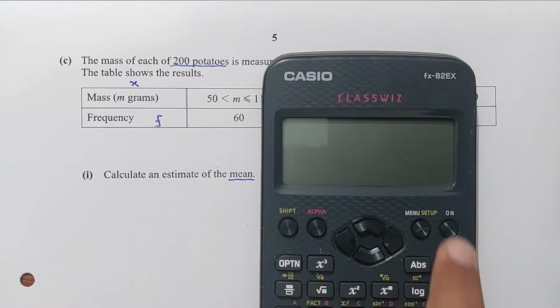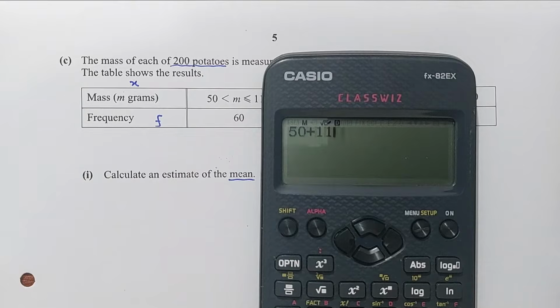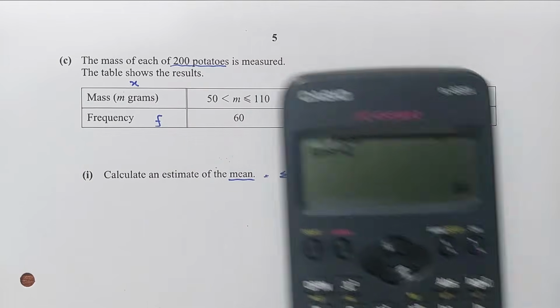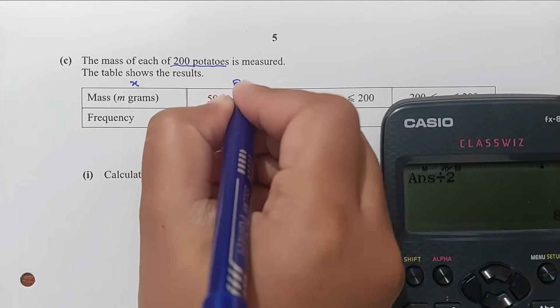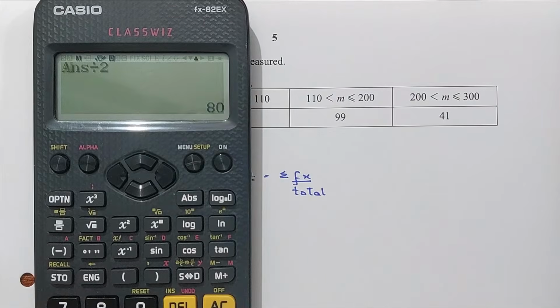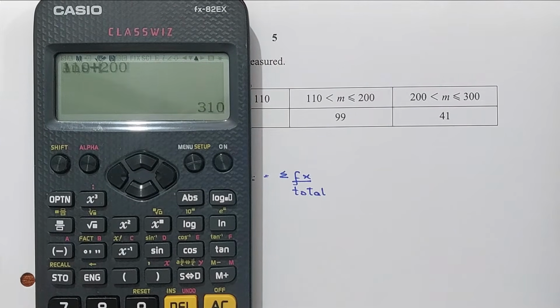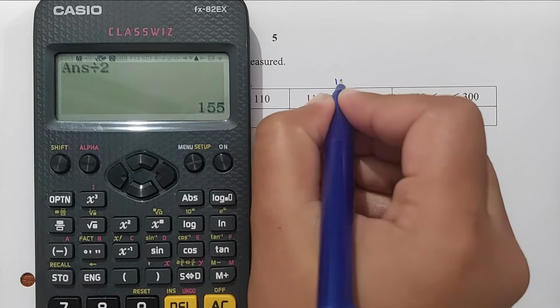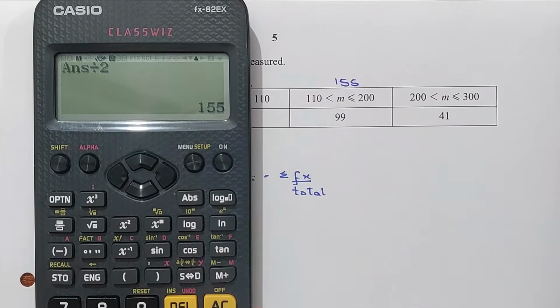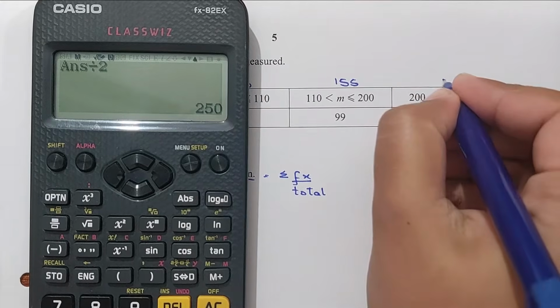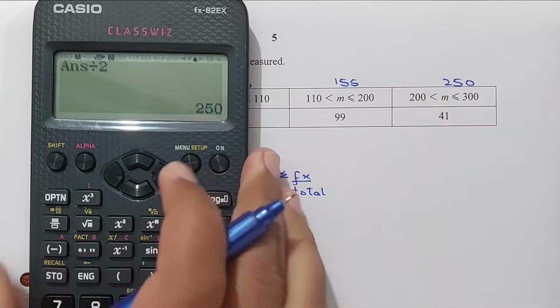So let me calculate the midpoint, which is 50 plus 110 divided by 2 is 80, right? 110 plus 200 divided by 2 is 155, and 200 plus 300 divided by 2 is 250, right?